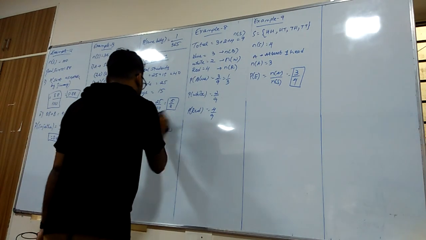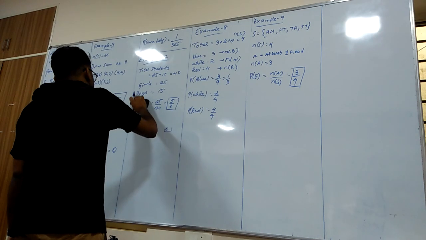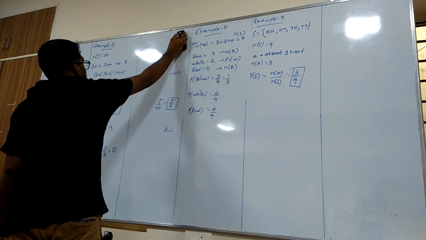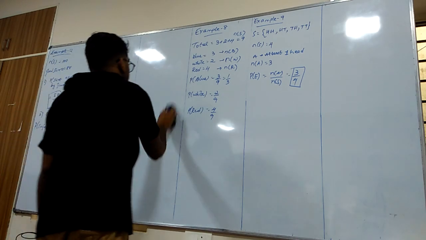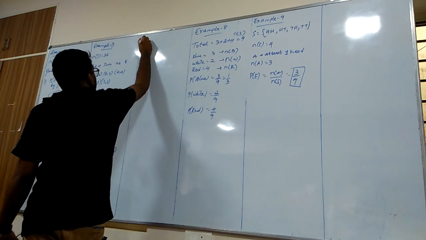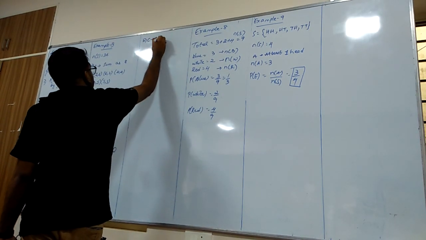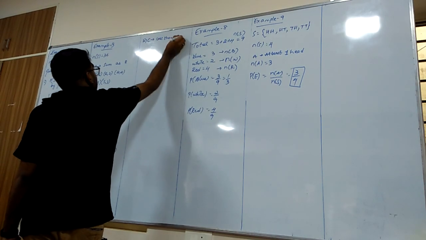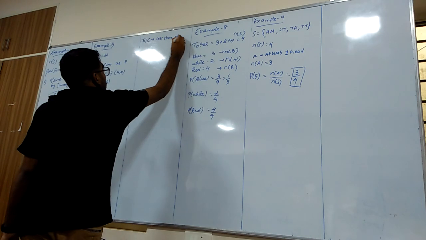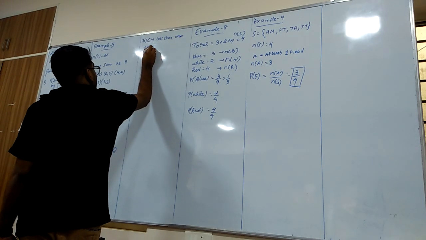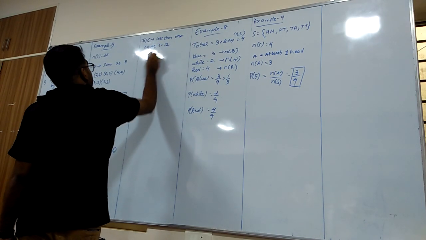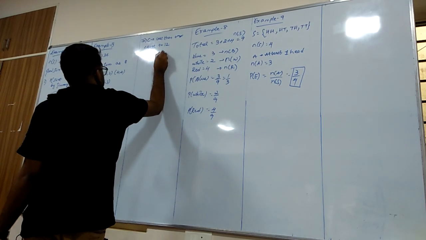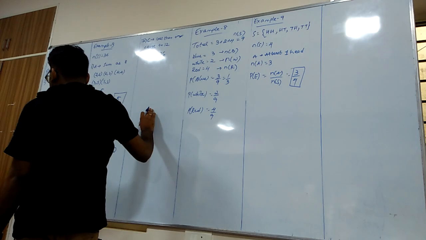So the sum is less than or equal to 12, and all 36 elements satisfy this condition.